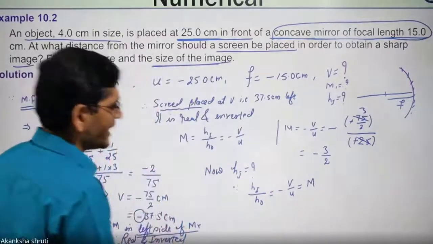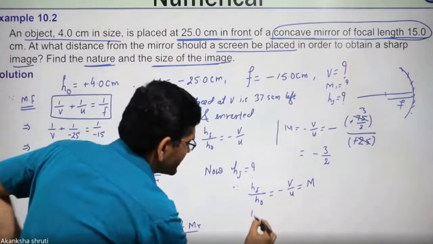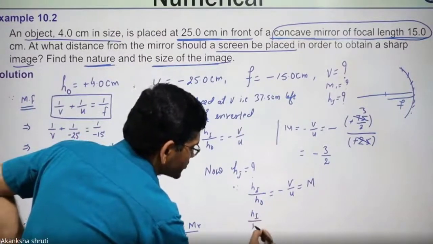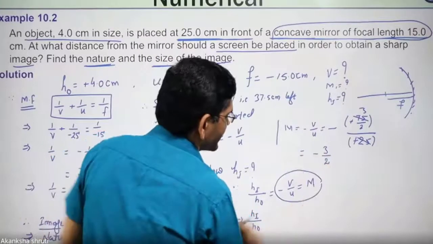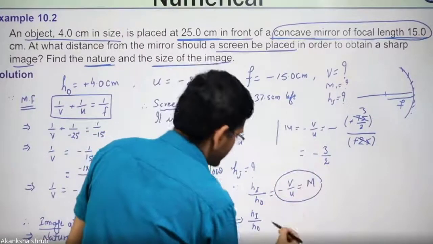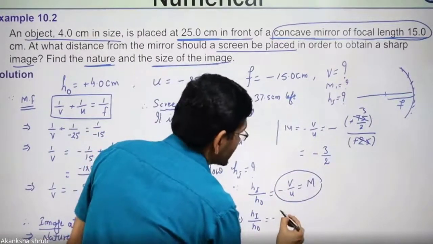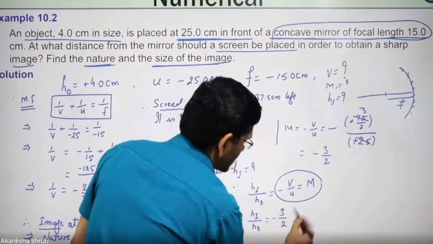So students, here hi by ho, this magnification value we had already calculated as minus of 3 by 2.